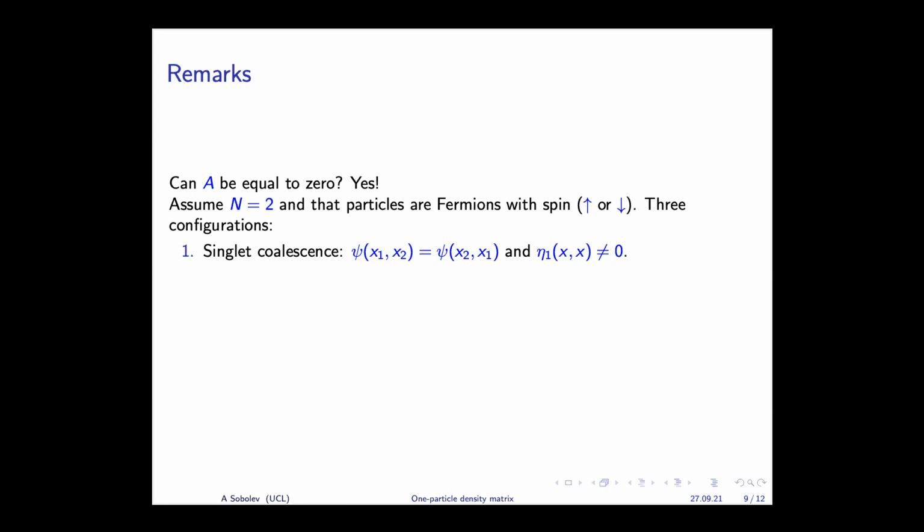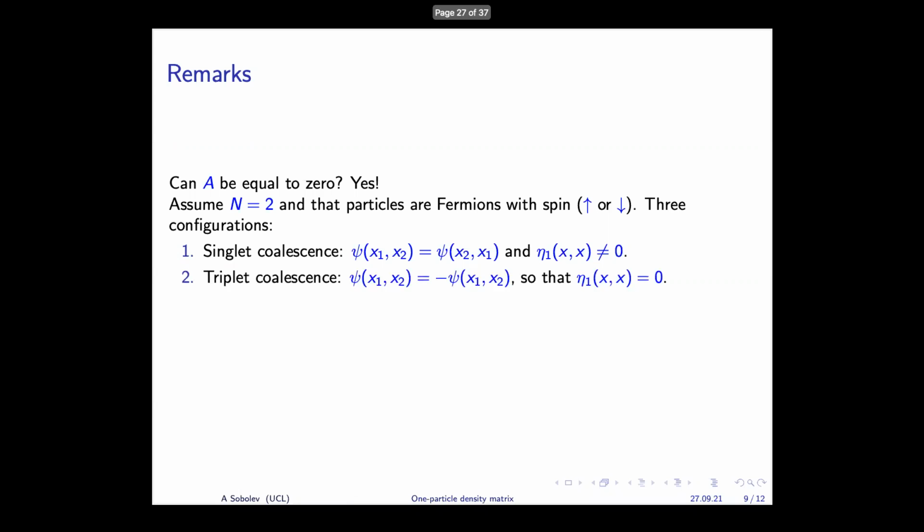The important conclusion is that the spatial part is symmetric, and then indeed the function eta1, which enters the coefficient, is non-zero. I do not have a proof that this is a non-zero function, but this is what chemists always assume, that for the singlet coalescence this on-top wave function is non-zero. So in this case, A is not 0.